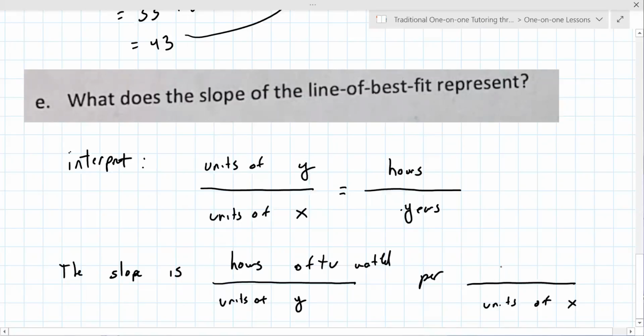The age in years, so just the years. So the slope is the hours of TV watched per year. It's not a perfect translation, but if you just fill in the blank, like if you get a test that gives you a different scenario, if you can remember that it's units of y per unit of x, just like we wrote here, you can answer this on your own at any time.